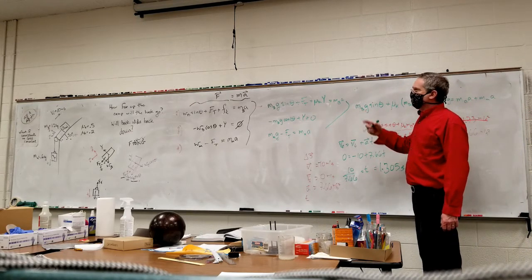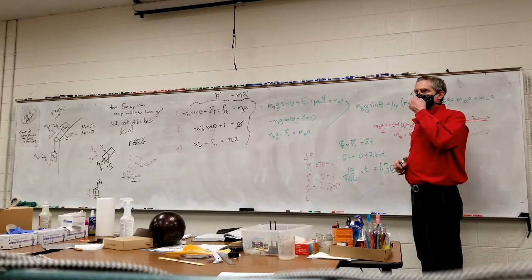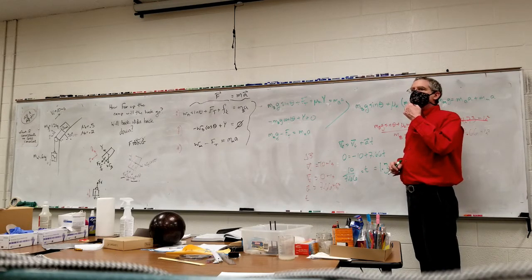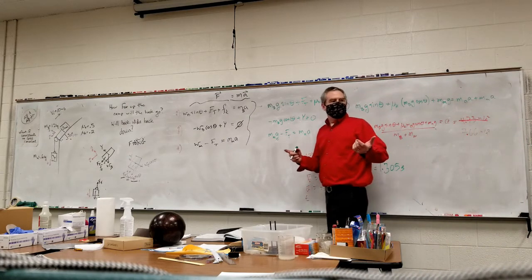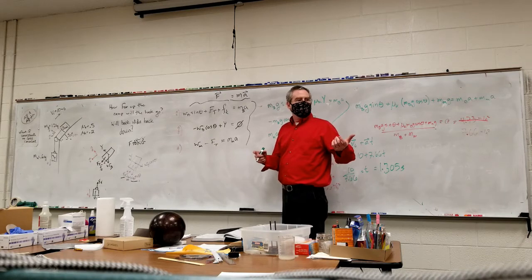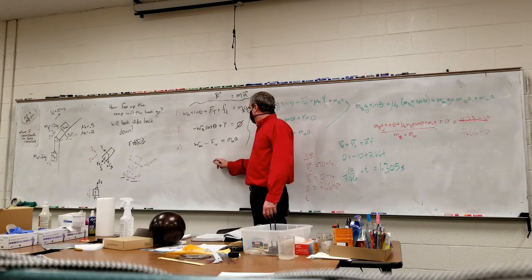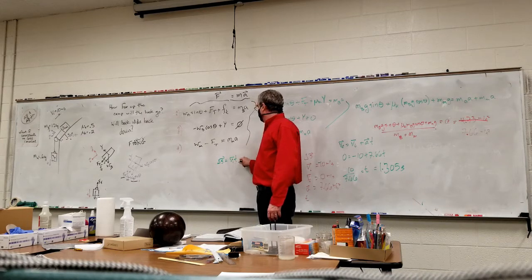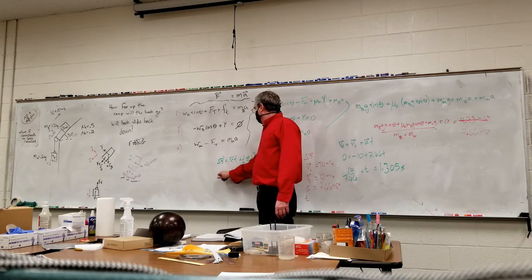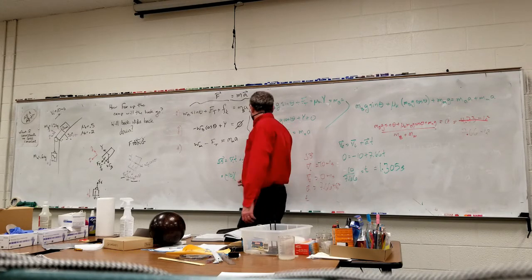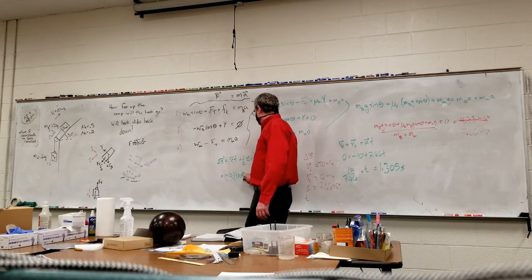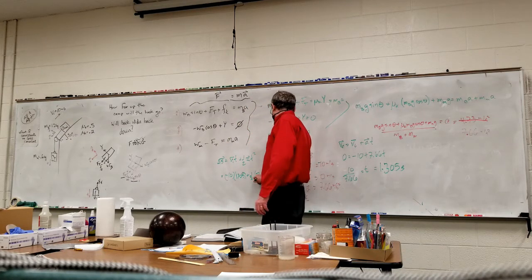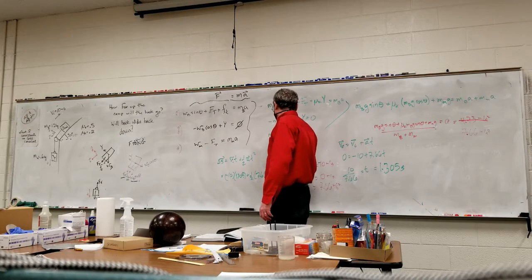Now, in order to find the displacement, which equation? Change in x equals VI t plus 1/2 a t squared. So negative 10 times 1.305 plus 1/2 times 7.66 times 1.305 squared.